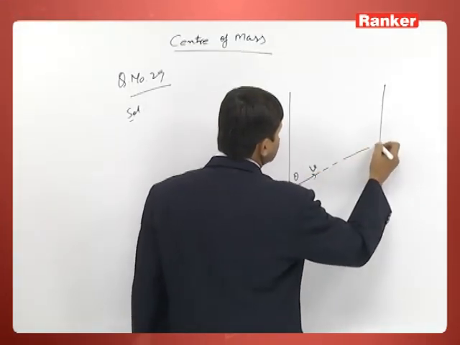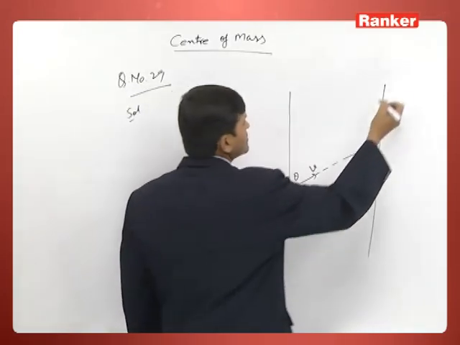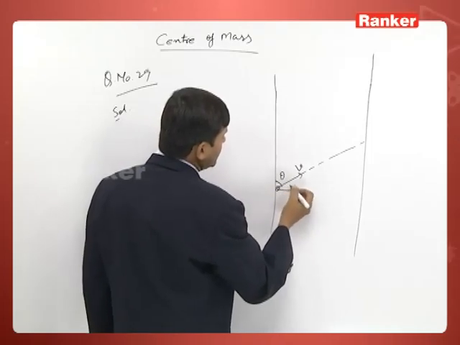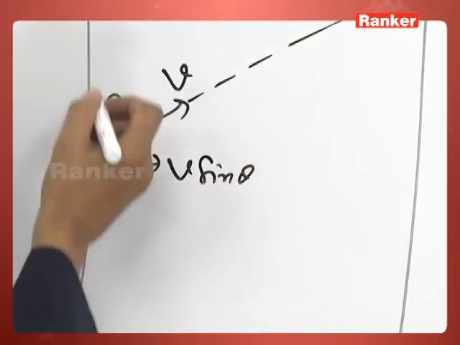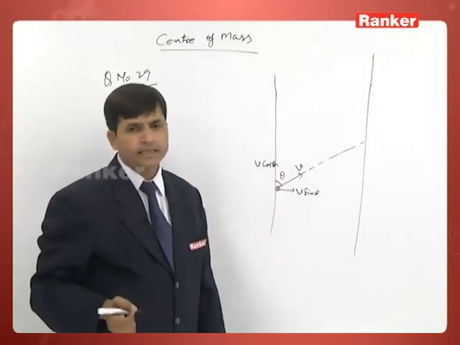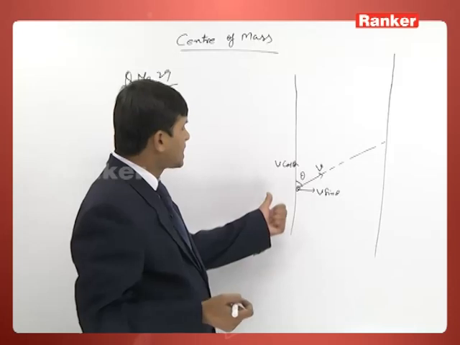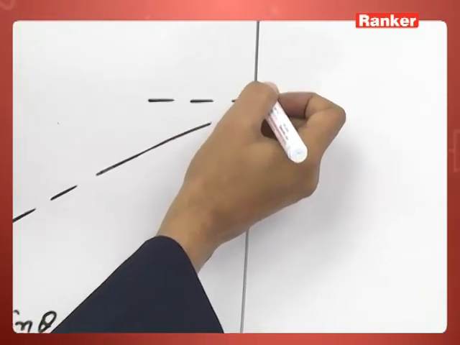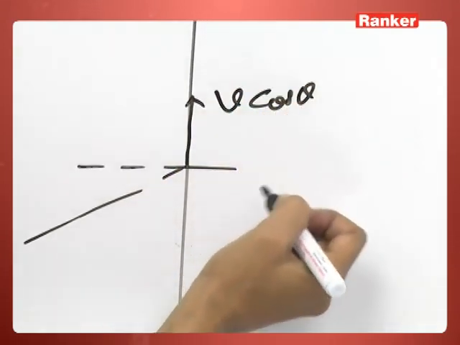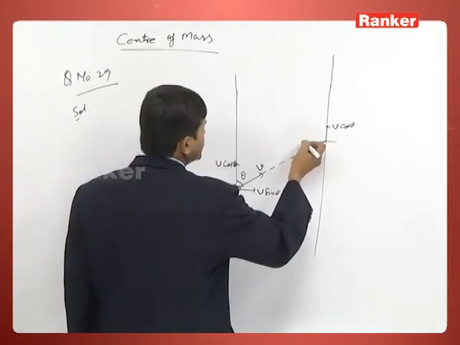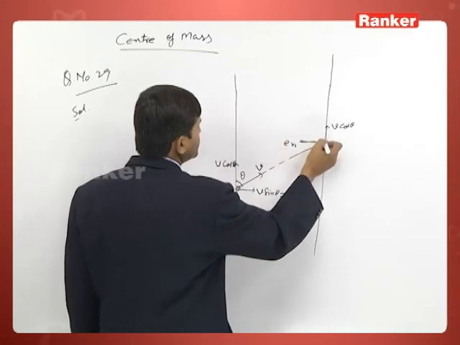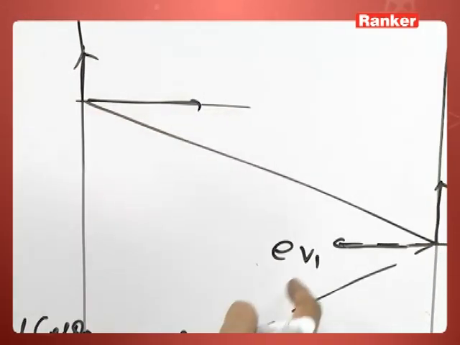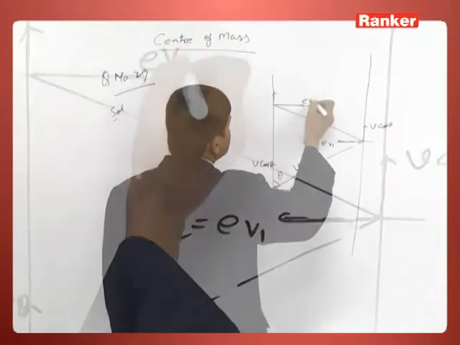When the particle strikes, initially we have velocity v sin theta in this direction and v cos theta in that direction. After collision, the velocity along the line of the plane remains the same, but the velocity along the impact changes: it becomes e v1, and then again this velocity remains the same and the other changes to e v2, like that.